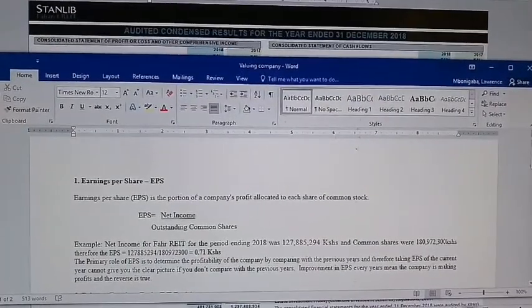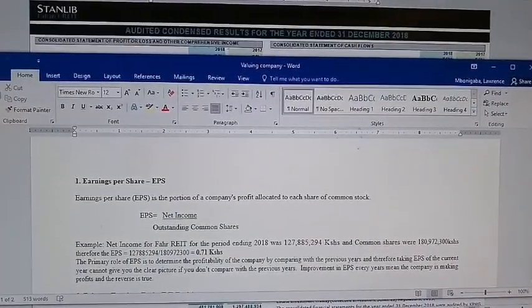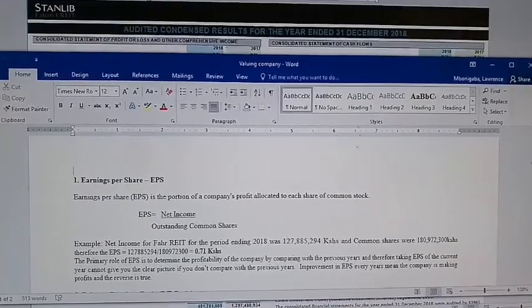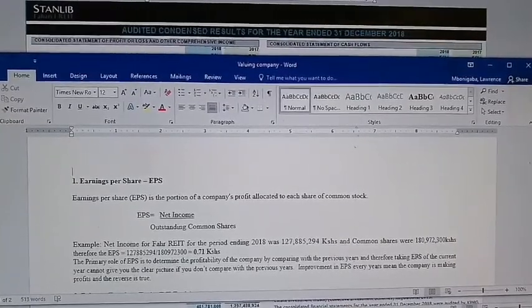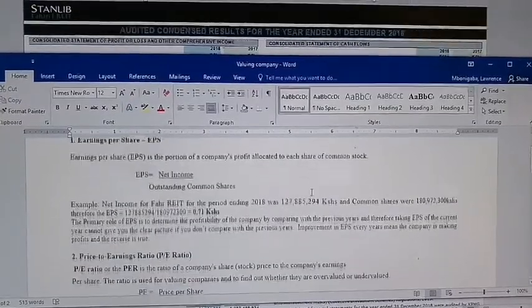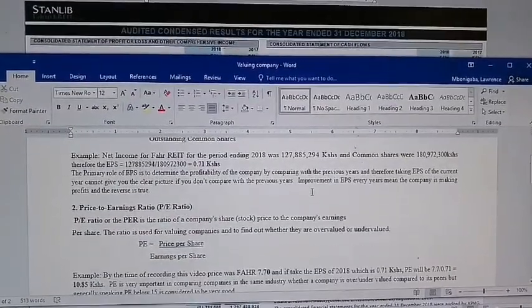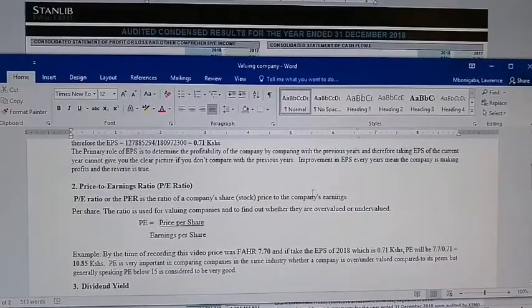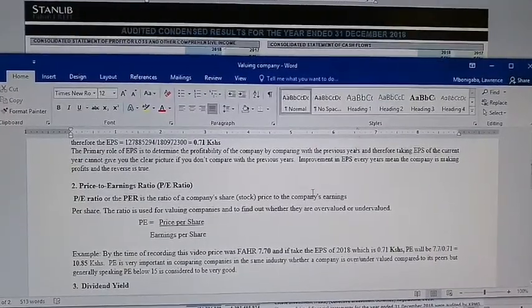But if a company has no peers in its line of operation, for example in Kenya, Safaricom is the only telecom company that is listed on the Nairobi Securities Exchange, you will not have any other company in that operation to compare. So what can you take?